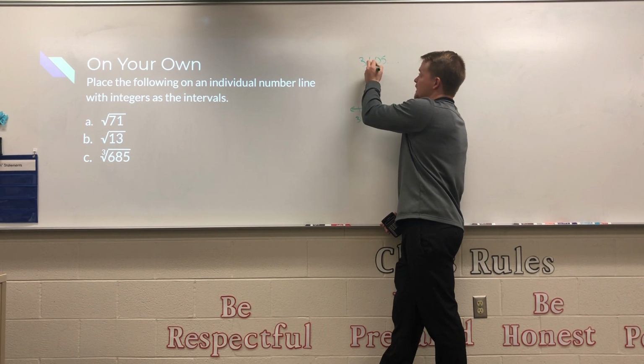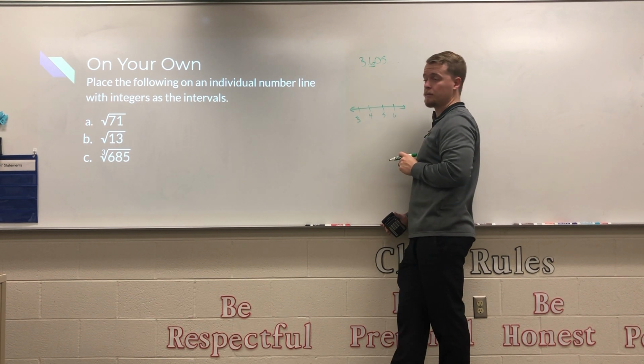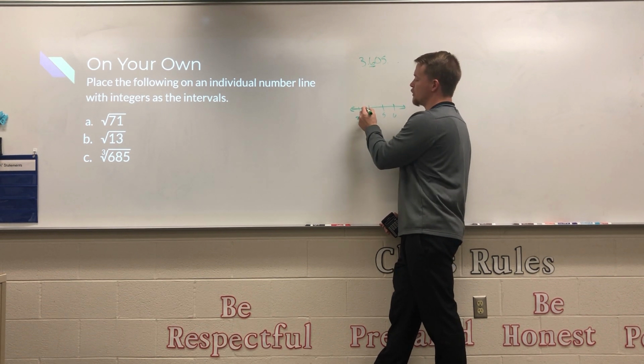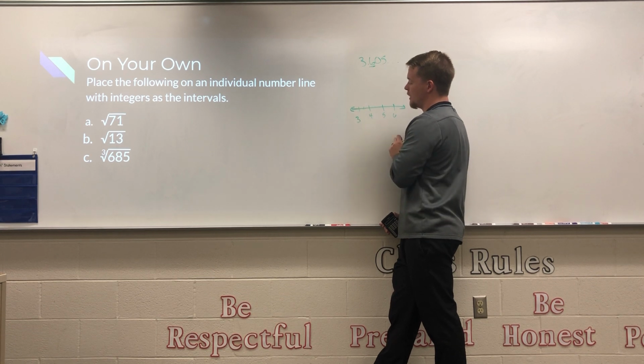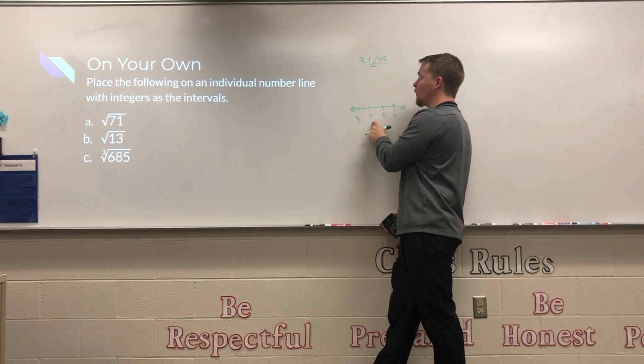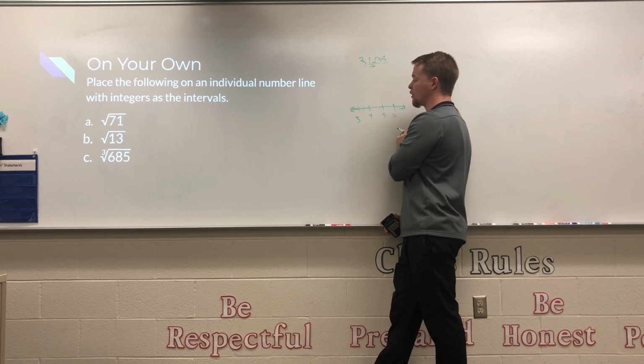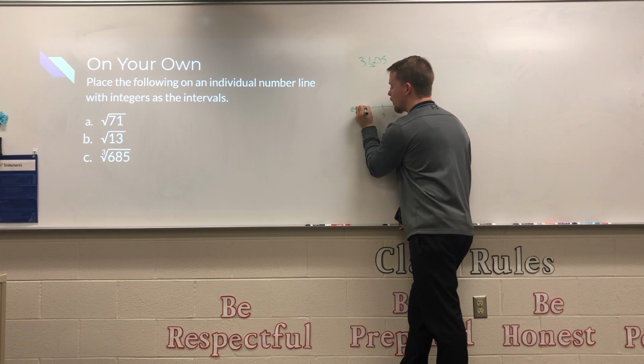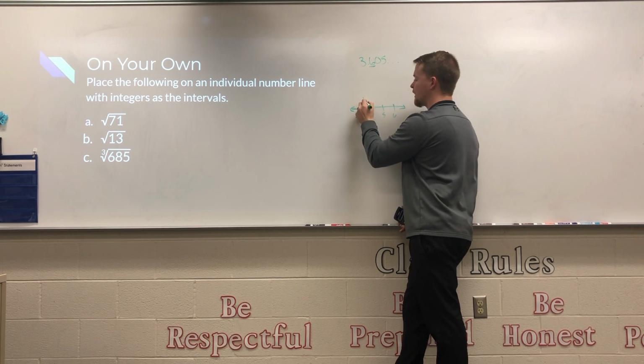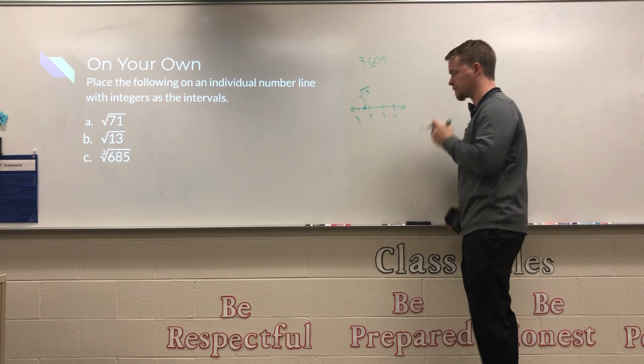So 3.6, looking at that 10th spot, we know that's close to the middle, between 3 and 4. But this time it's going to be a little closer to 4, because we know middle is 3.5, so 3.6 is just a little closer to 4. So that would leave my point to be right about there for square root of 13.